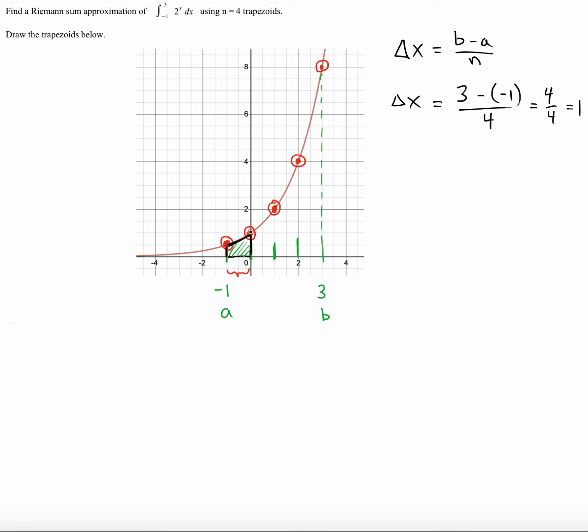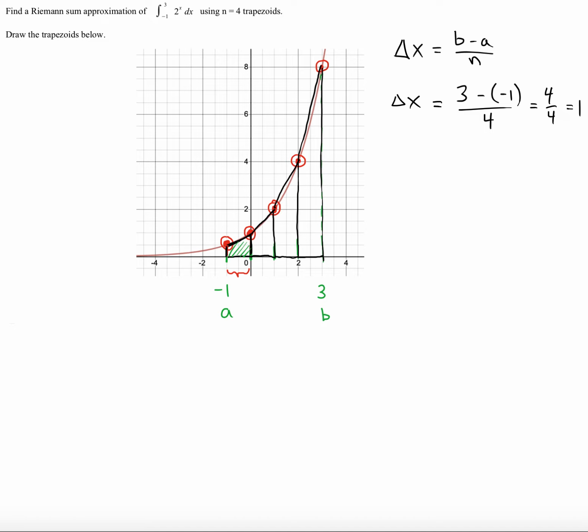And we just have to connect the dots with straight segments. Okay, so we've got 4 nice trapezoids here.